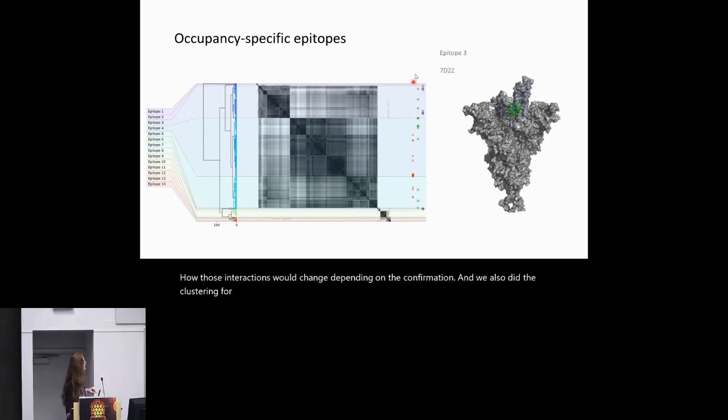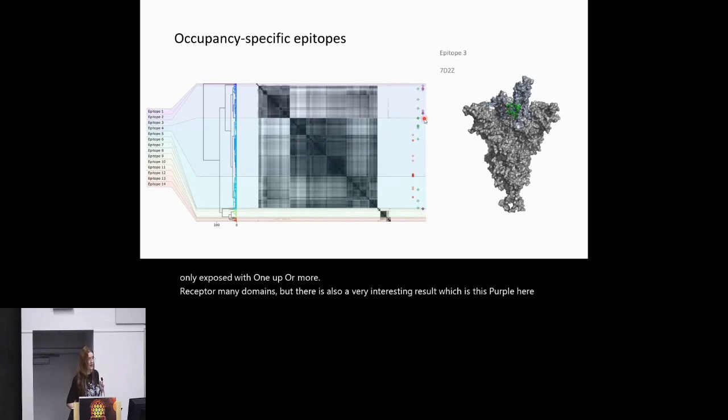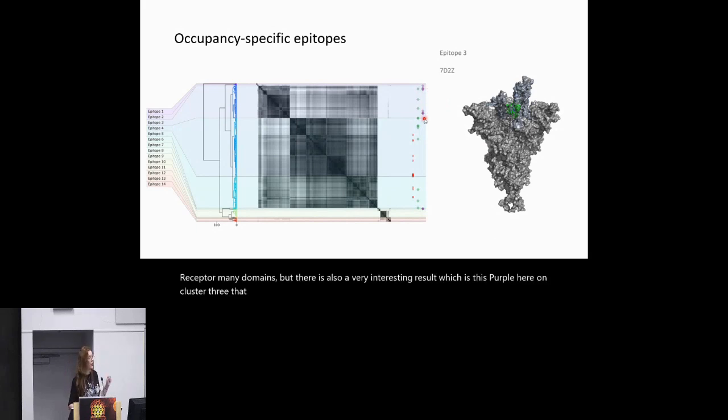Here in green, you can see that parts of clusters 3, 4, and 5 are only exposed with 1 up or more receptor binding domains. But there is also a very interesting result, this purple here on cluster 3, which shows epitopes that would only be available with 2 or more receptor binding domains open, which is another differentiation that the Bloom classification doesn't make. And here you can see exactly this epitope 3.